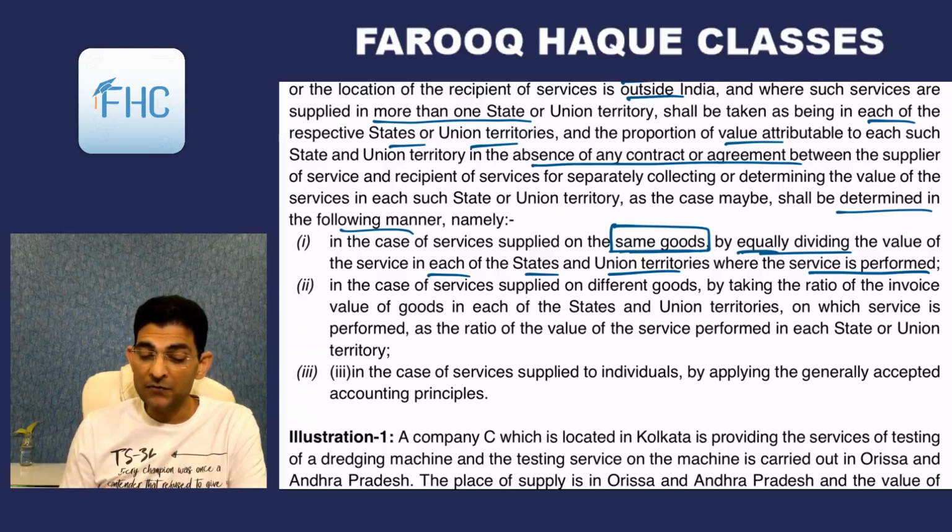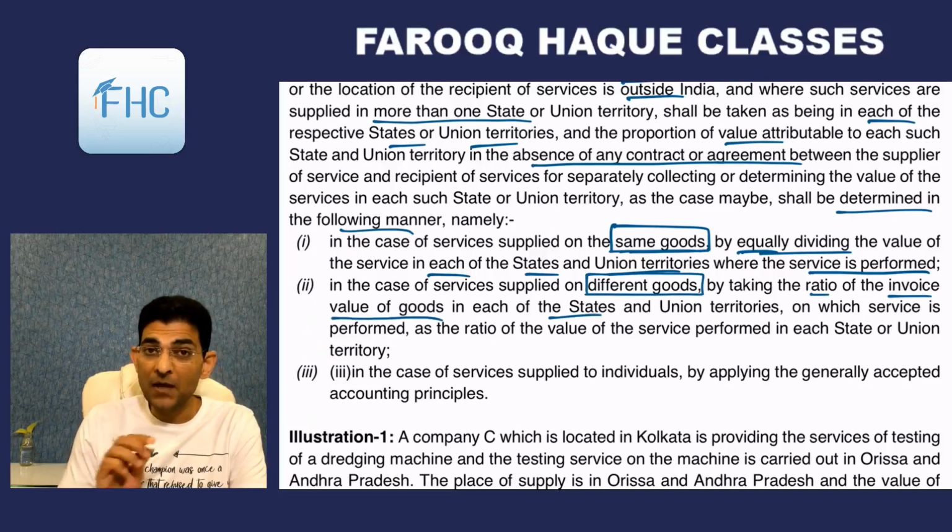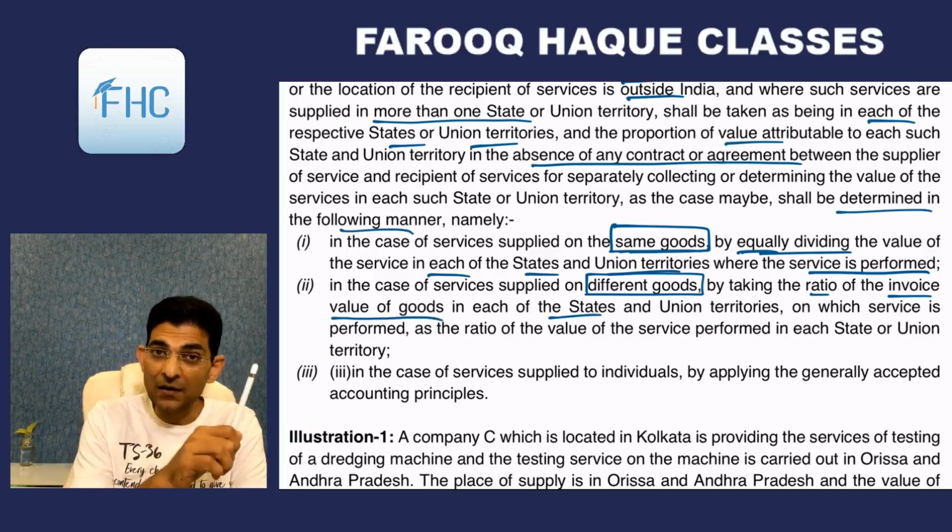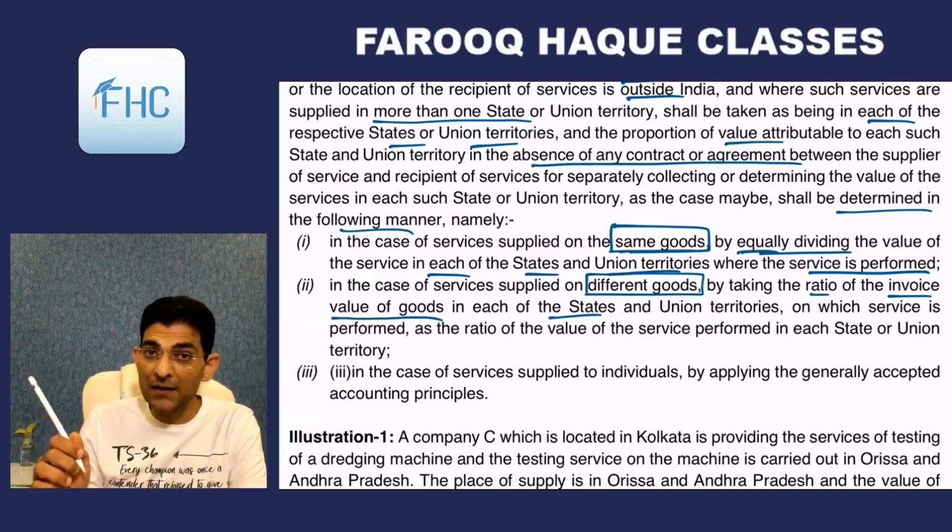Secondly, in case of service supplied on different goods, if the goods are different, then by taking the ratio of the invoice value of goods in each of the states and union territories. Means I have performed service on goods A in Karnataka and goods B in Delhi.